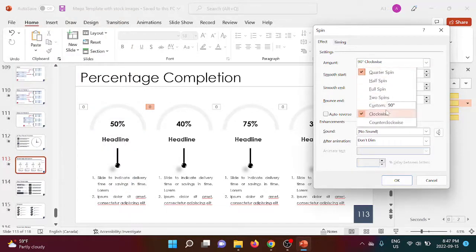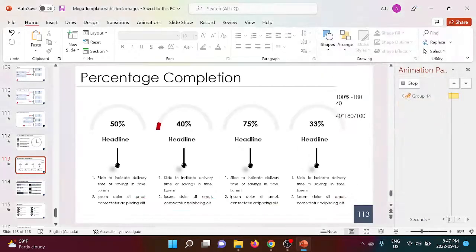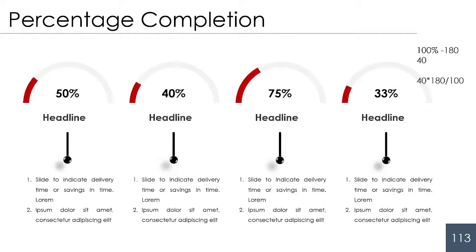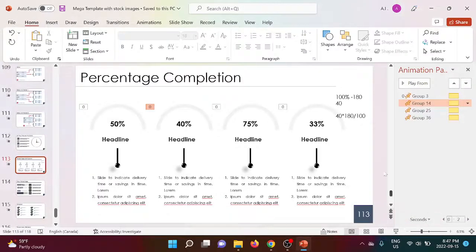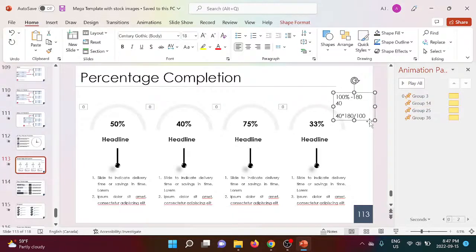So just do 72 here and then click enter and then click OK. There you go. If you go here, now one is 50%, one is 40%. So you got how to do it.